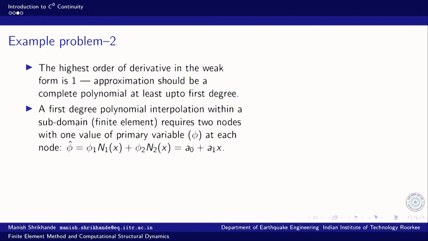So, a first degree polynomial interpolation within a subdomain requires two nodes with one value of the primary variable phi at each node, and then the interpolation model, as we have seen, becomes: phi hat within that element, the variation of the unknown function phi, can be given as phi 1 N1 plus phi 2 N2. Here 1 and 2 are the nodes which represent the extreme nodes of the element, defining the element subdomain, and N1 and N2 satisfy the basic interpolation requirement: N1 evaluates to 1 at node 1 and vanishes at node 2.